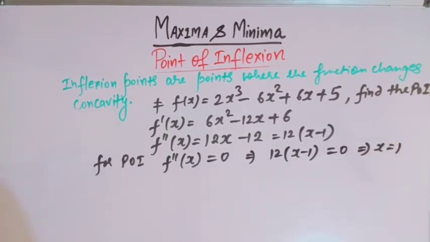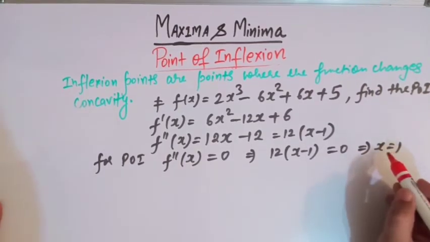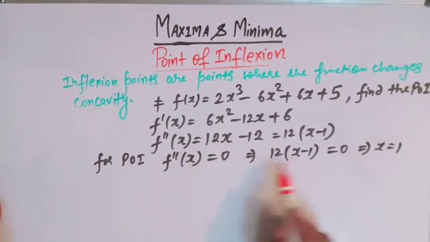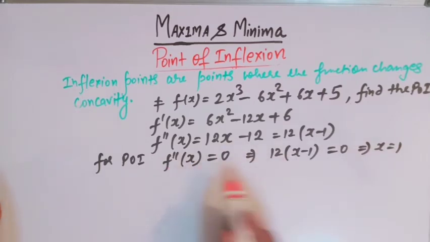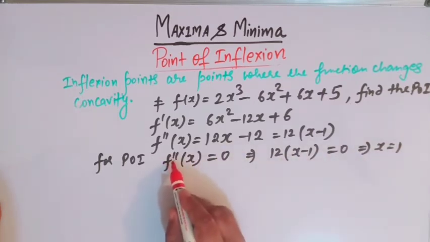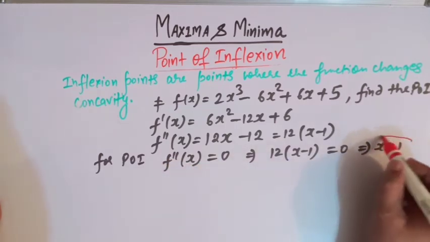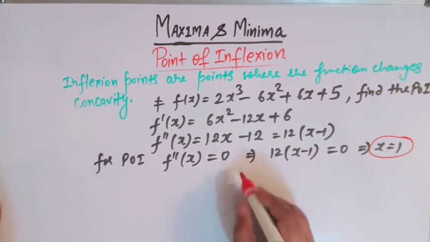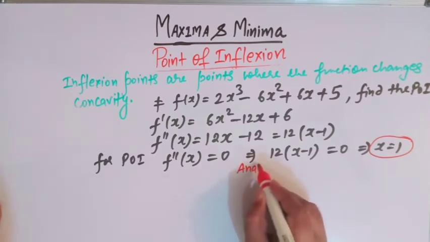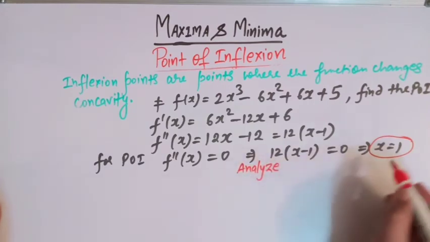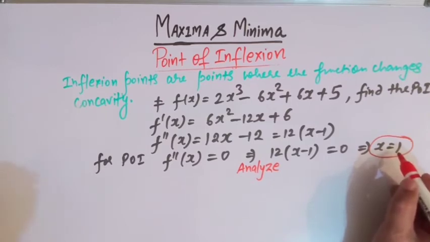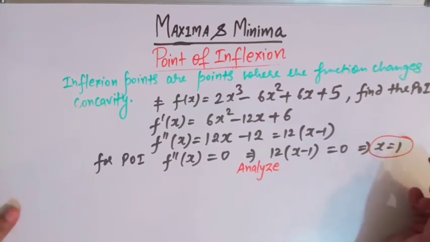Now here we have obtained the root of the equation f double prime of x equal to 0 as x equal to 1, and let us analyze whether this point x equal to 1 is a point of inflection or not, right?